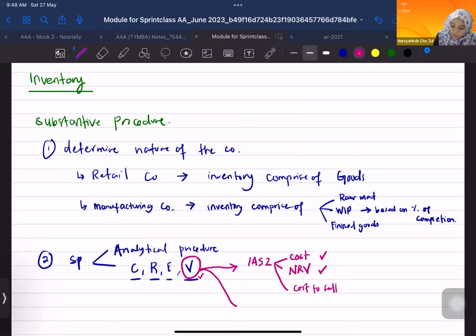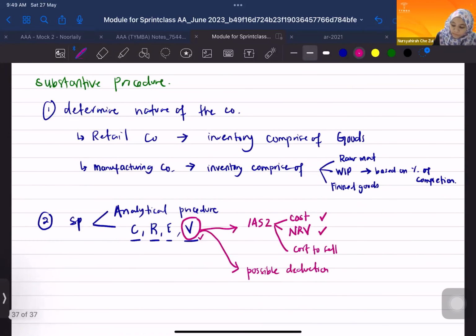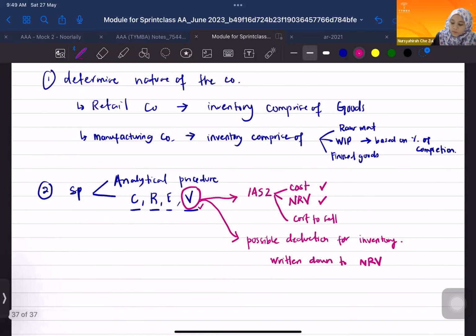As I mentioned before, number 2, you can think from the point of view of possible deductions. For inventory, the common deduction is any inventory that should be written down to NRV. Why? Perhaps because of obsolescence, because of low demand, or maybe they sell at a discounted price.